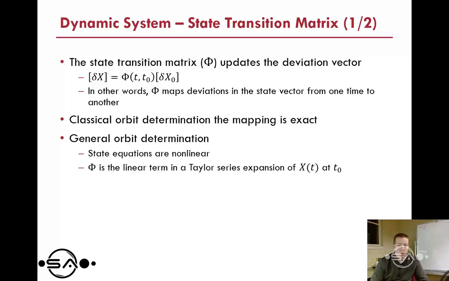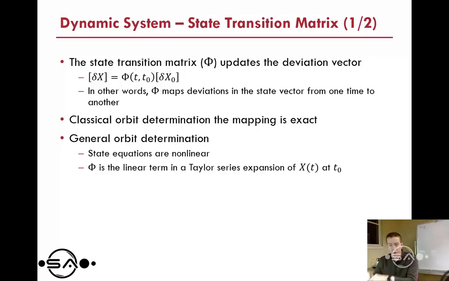As I alluded to previously, and mention on this slide again, in classical orbit determination the mapping is exact for the observations to the state vector variables.